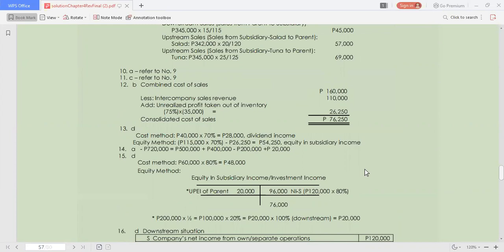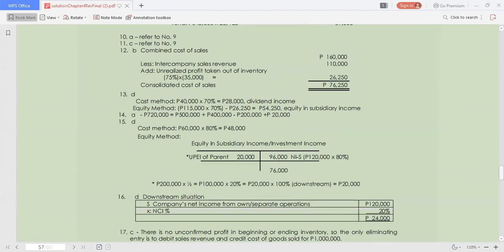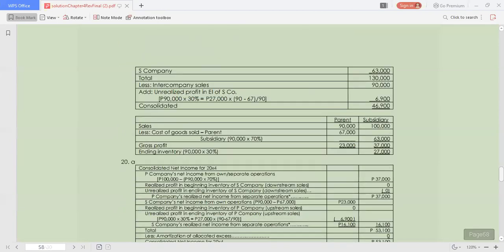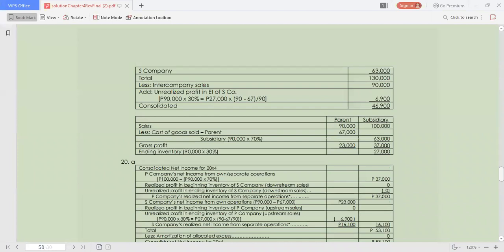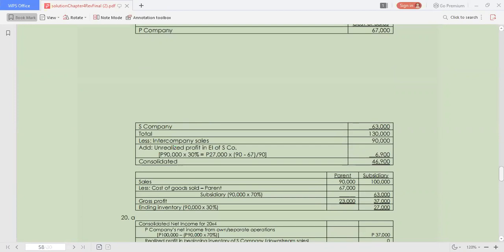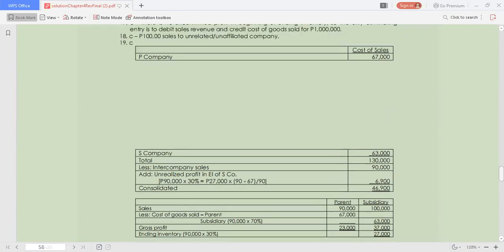So we have the solutions to numbers 13, 14, 15, 16, and 17. Okay, the screen is shared. And we have the next problem to discuss. I gave you numbers 18 to 21. So let's take up the data.